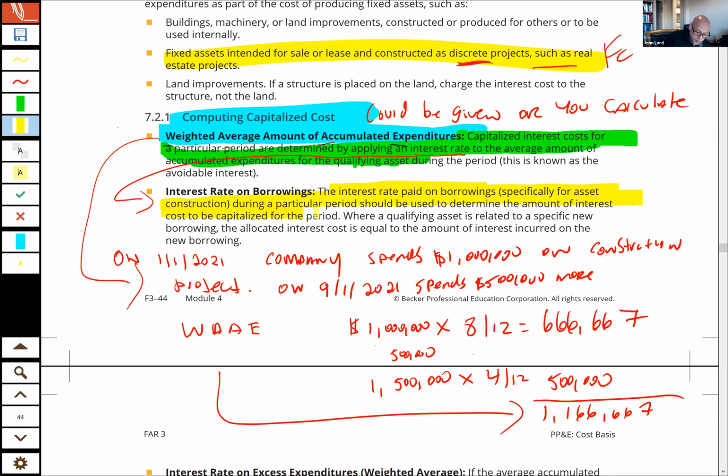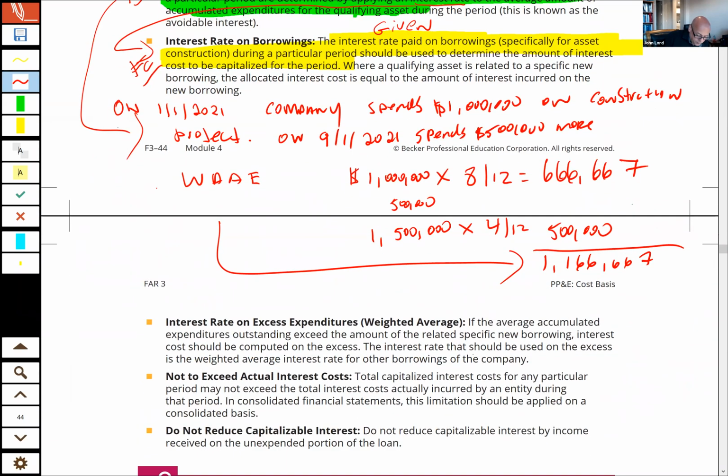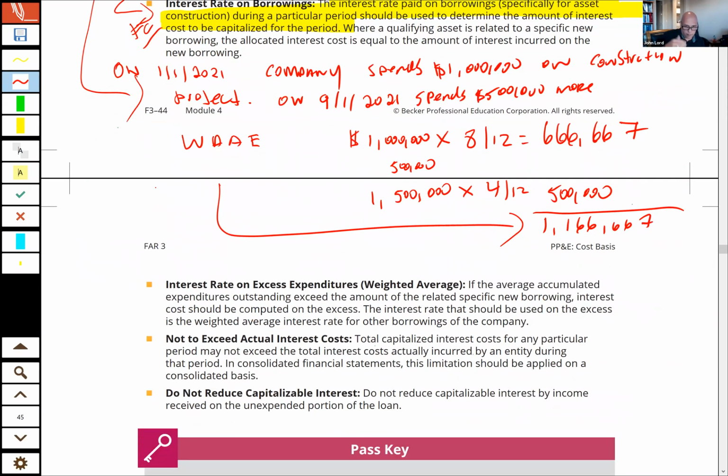Okay, well, that's given. So you'll have what? You'll have weighted average of accumulated expenditure. You may have to calculate that, or that'll be given. Then you'll have to apply that interest rate that's given to the weighted average of accumulated expenditure. And whatever that comes out to be, that is the first step in figuring out how much interest.